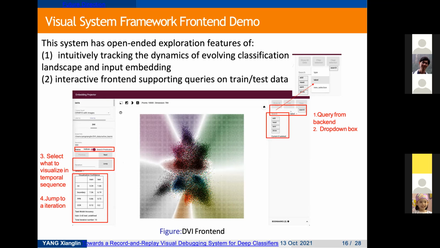But overall, we want to say that this system has open-ended exploration features that can check the dynamics of the evolving classification landscape and the corresponding training embedding. And it can also support interactive front-end interaction with users.